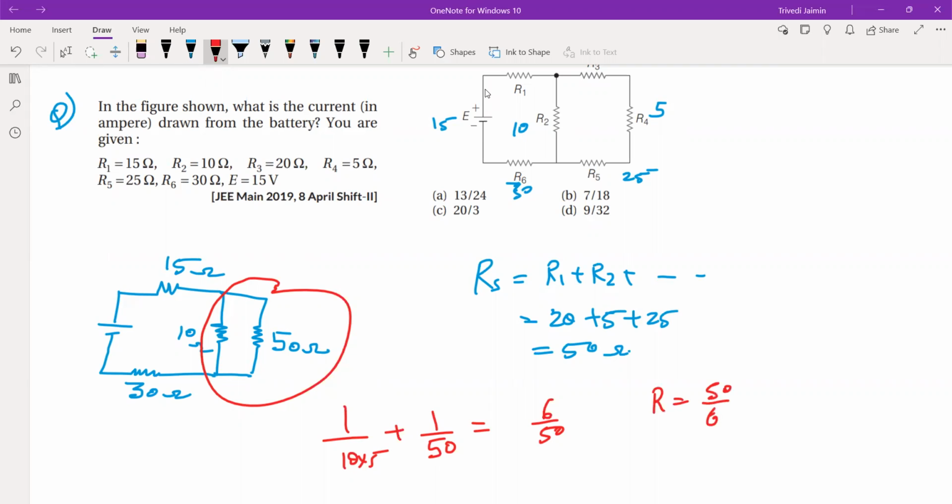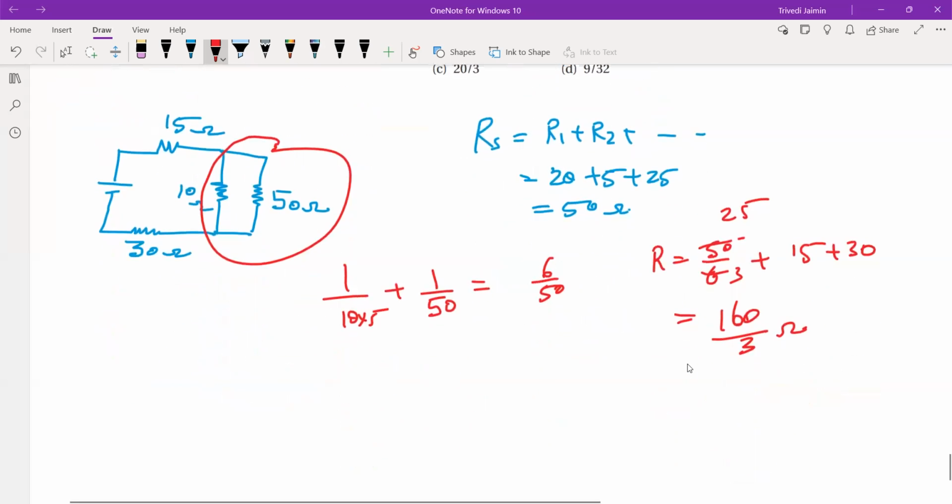Solving this one, then these are in series, plus 15 plus 30. If I cancel this, 25 by 3, 3, 15, 45, 90, 90, 45, 25. So 160. 160 by 3 ohm. That is your total resistance.